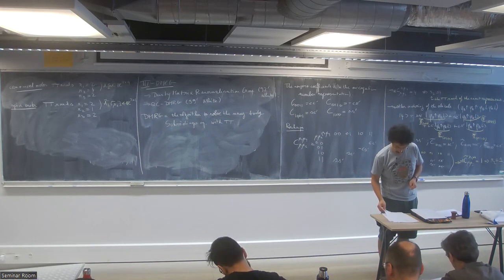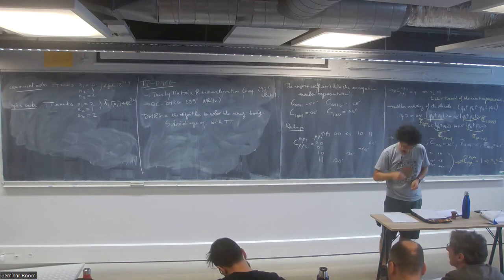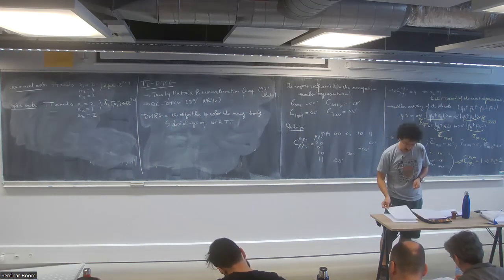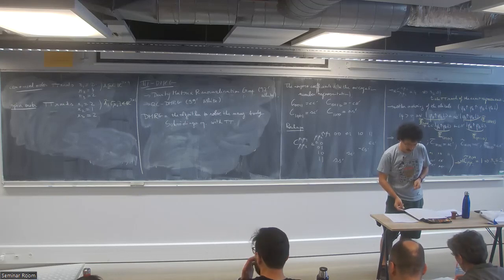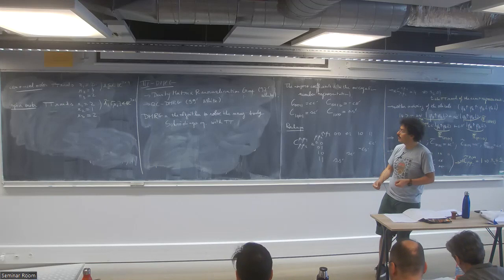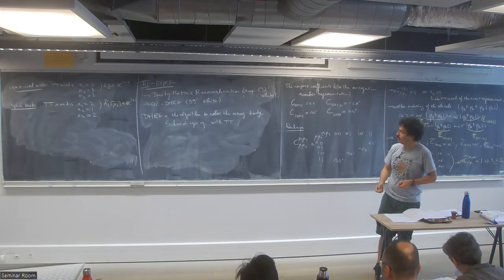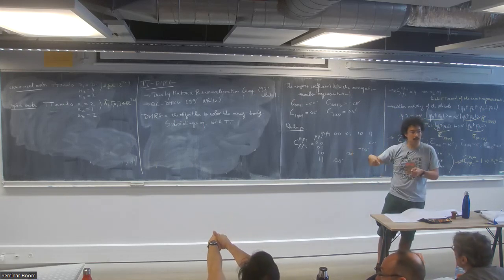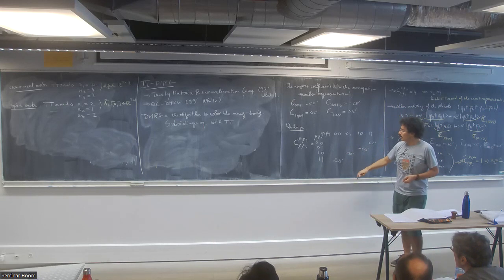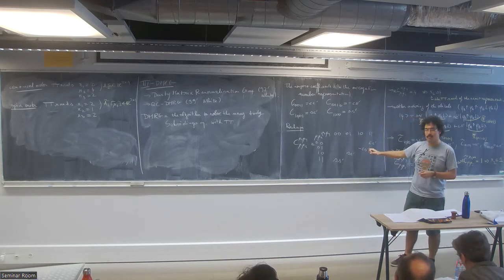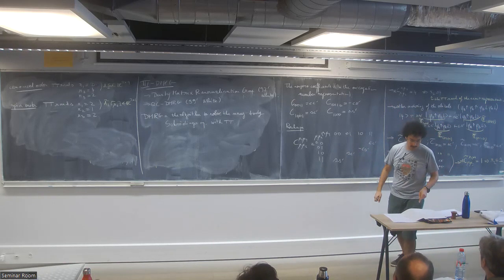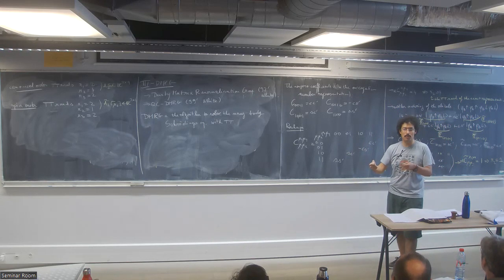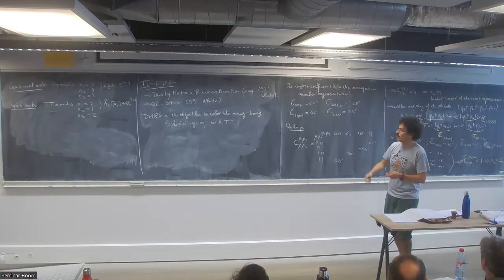So the first thing that we need to see before the algorithm: previously we have seen how to write a state as a tensor train. Now what we are going to see is how to write the operator as something that is suitable for tensor trains, and then we'll see the algorithm.